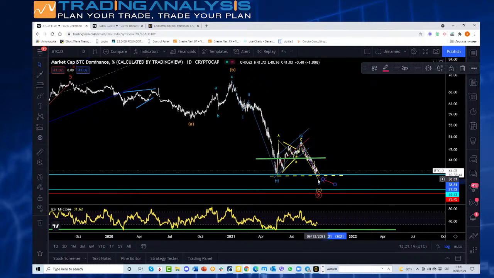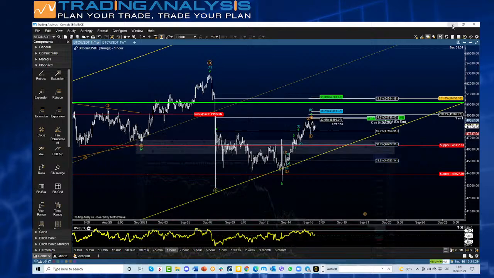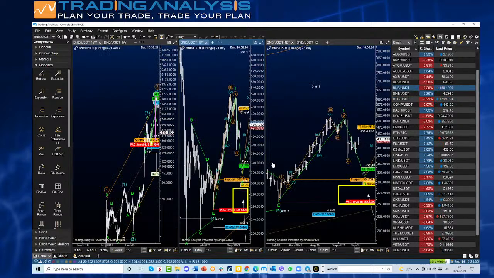Maybe we're going to get a small spike. I don't think so. I think this was possibly a double bottom, and that we are going to see Bitcoin dominance very soon moving higher, at least for some amount of time. That will correspond with this picture when we see some altcoins also moving down in a correction.